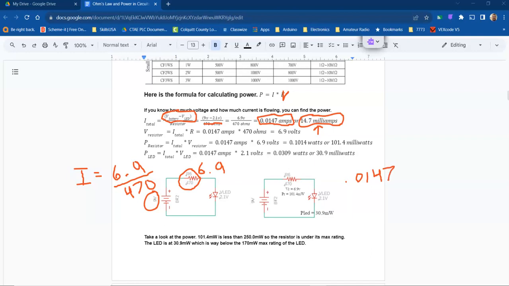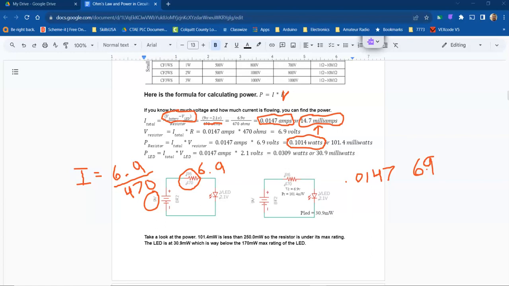And we're going to multiply that times 6.9. That is going to give you 101.4 milliwatts, which on your calculator is going to come out to 0.1014 watts. That is for the resistor.